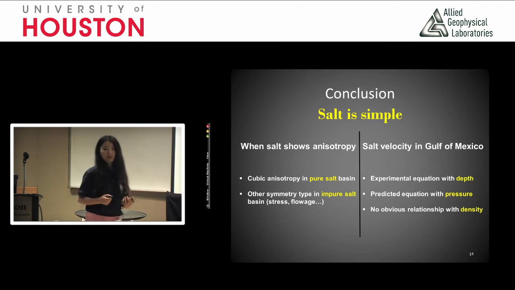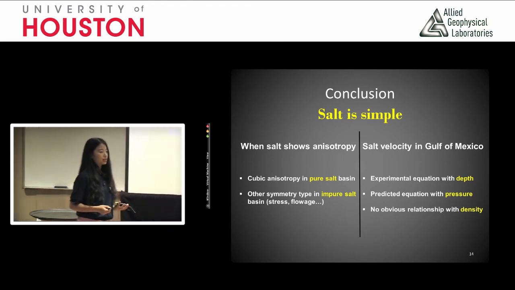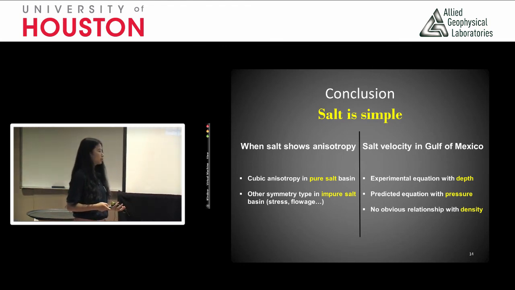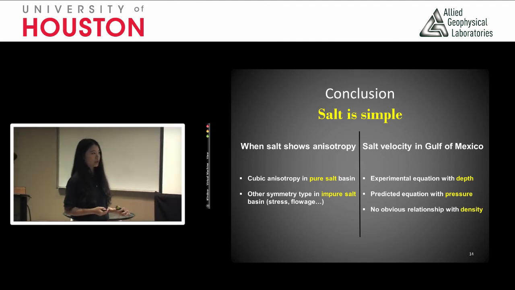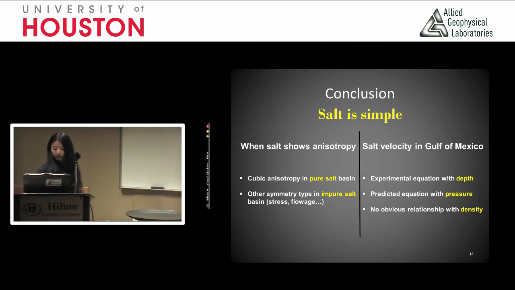We need to be very careful when building velocity models in these two areas. We also provide an empirical relationship of velocity over depth, and no valid relationship between velocity and density. In this case, we could provide a reference for sub-salt and pre-salt imaging.